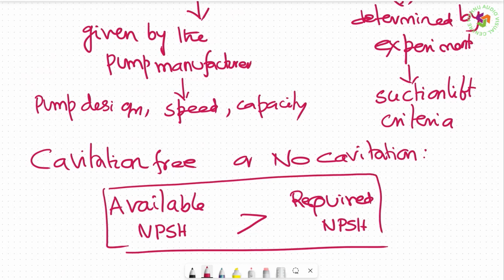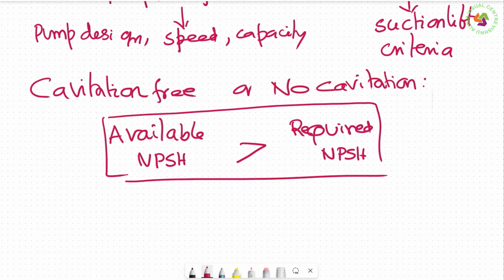Now we have understood two things: the maximum suction lift, and that my objective is to avoid cavitation, and NPSH also keeps cavitation in mind. The required NPSH is given by the pump manufacturer, so when we purchase the pump, that data is known to us. The available NPSH is based on the suction lift criteria when we are installing it. So always your available NPSH should be greater than the required NPSH. As long as you maintain that, there is no cavitation in the case of a centrifugal pump.